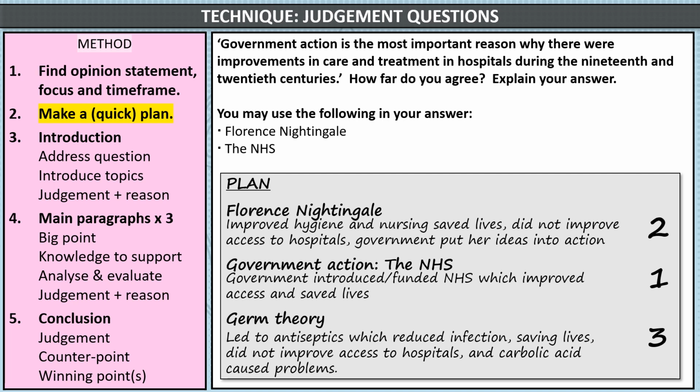And although germ theory led to early antiseptics, some of these even made hospital treatment more difficult. As you can see, when I'm ranking my topics, I'm already starting to think about my reasons why. This means before I write, I have a very clear idea of what I'm going to say.